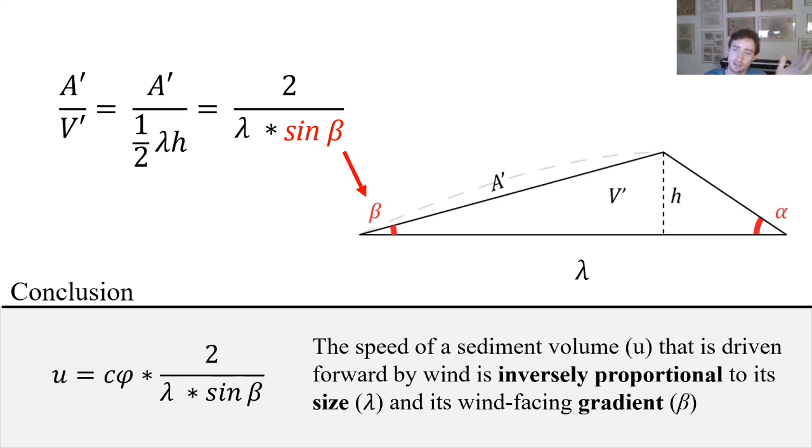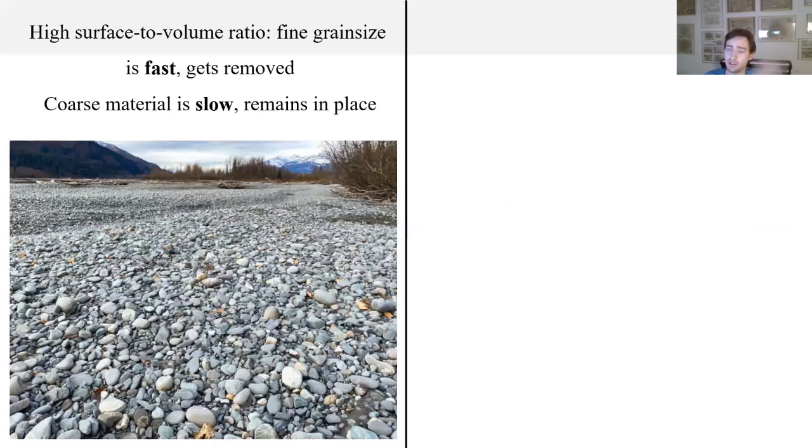Now, I believe that this very simple geometric principle is enough to already explain why this phenomenon occurs so ubiquitously. The reason is really the same as why we see large pebbles and boulders in a river channel.